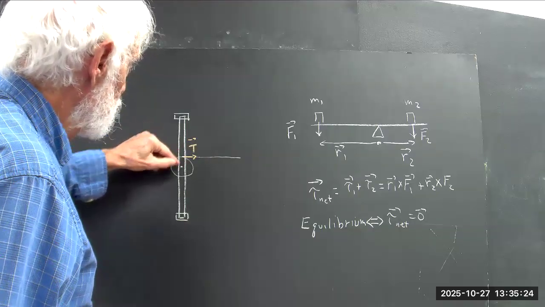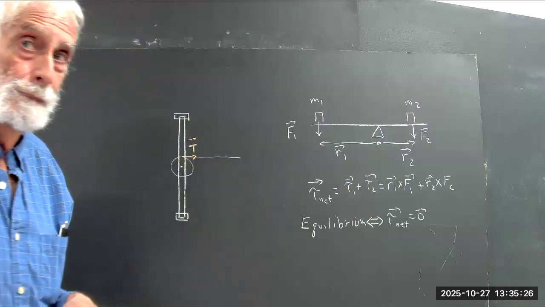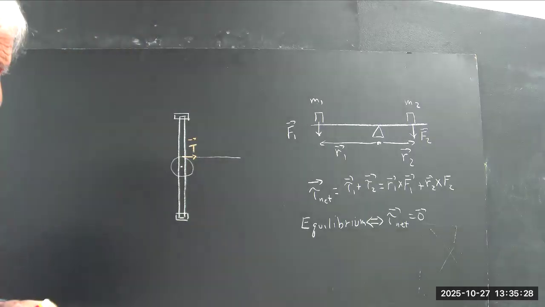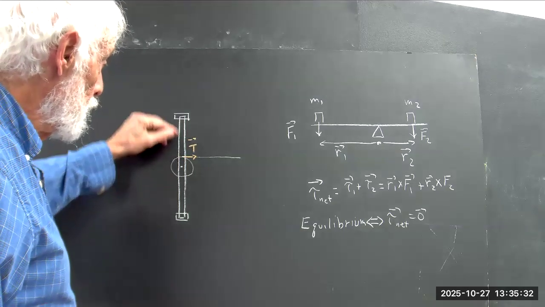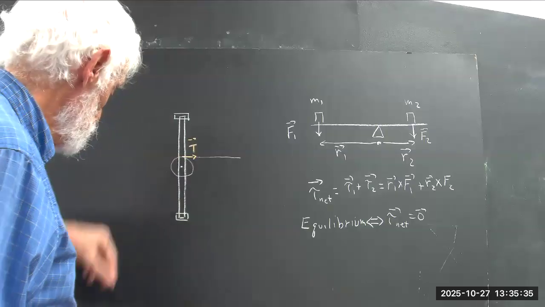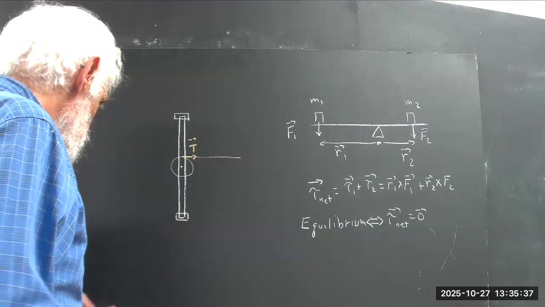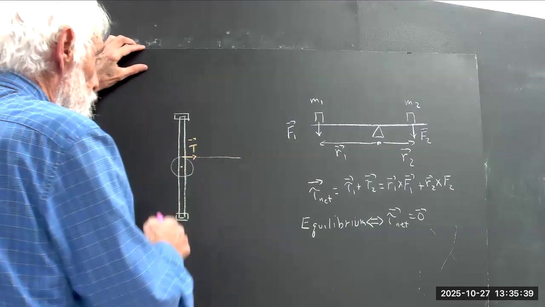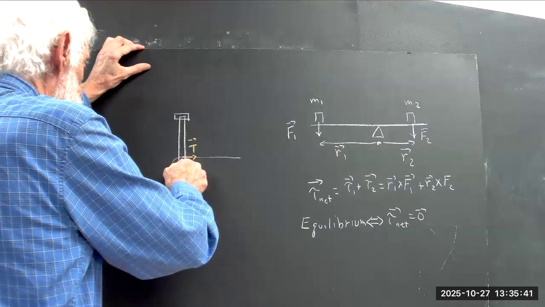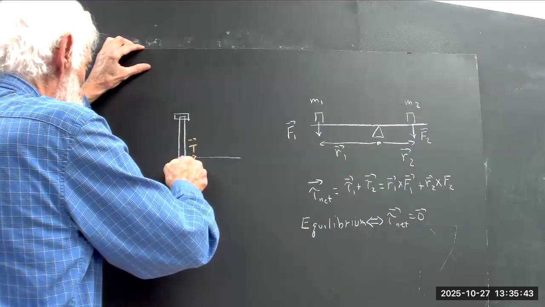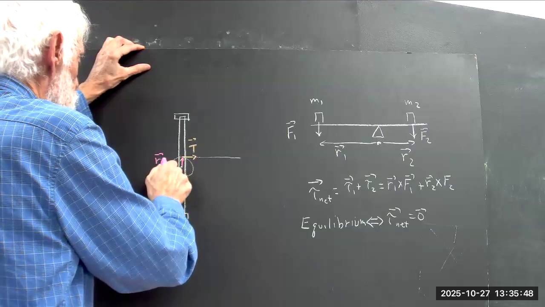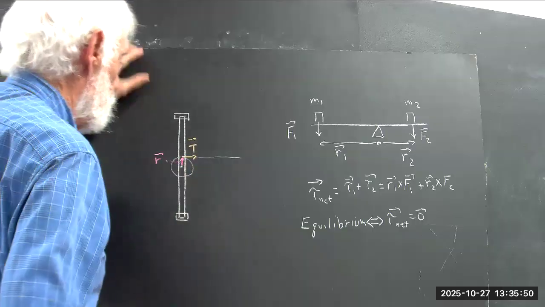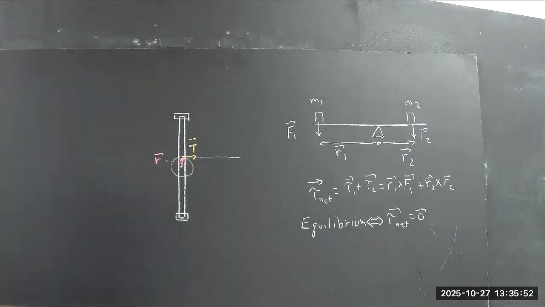The tension is exerting the torque. The point at which the tension is applied to the system is here, and you have an R vector here. Okay.